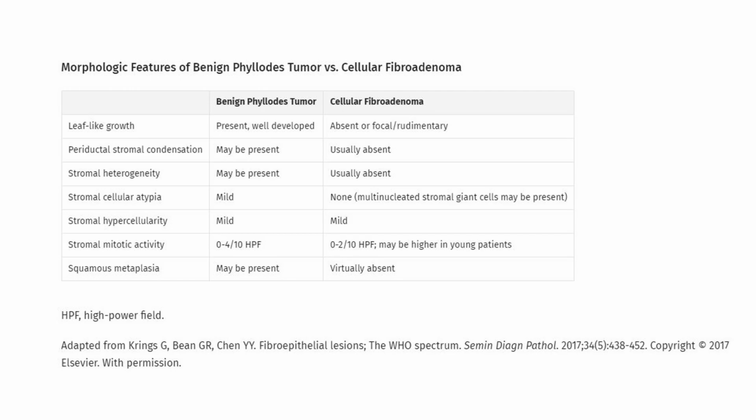So here's a table to show you how to differentiate between benign phyllodes and cellular fibroadenoma. But I think the key features are leaf-like structure and subepithelial condensation. And usually in an excisional sample, you can tell the difference.